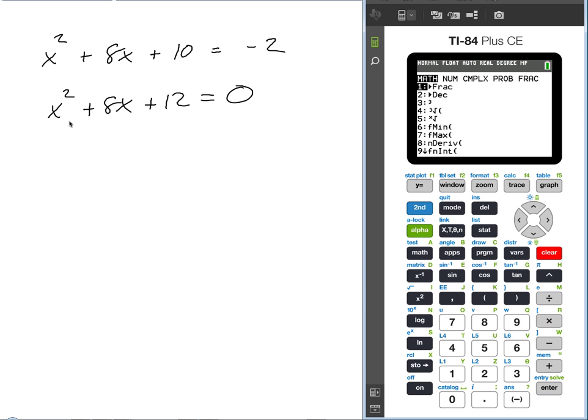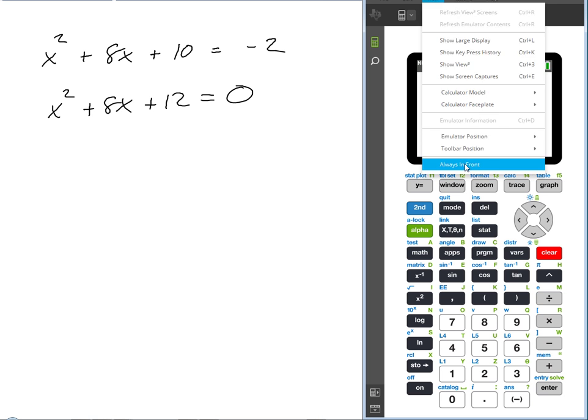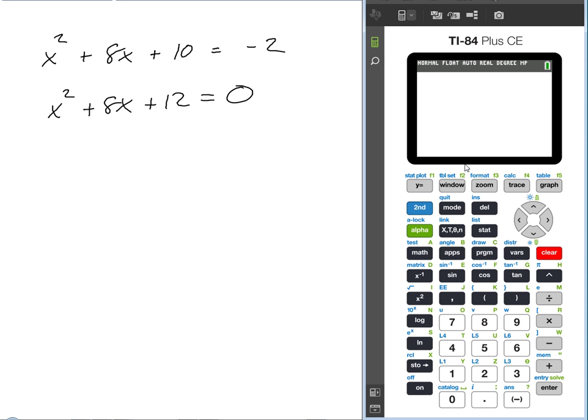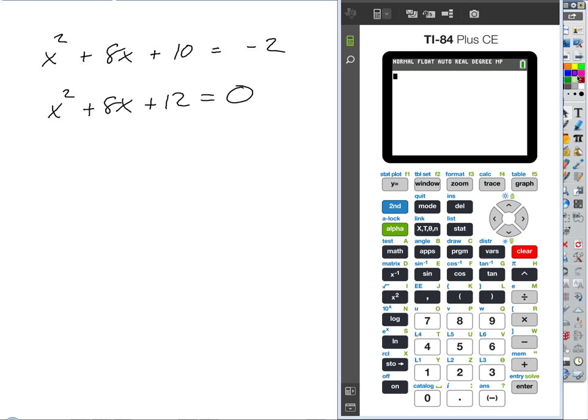What I'm interested in is where this quadratic function is equal to 0, right? Let's just say this part right here, we're going to call y. So we've got the quadratic function y equals x squared plus 8x plus 12.